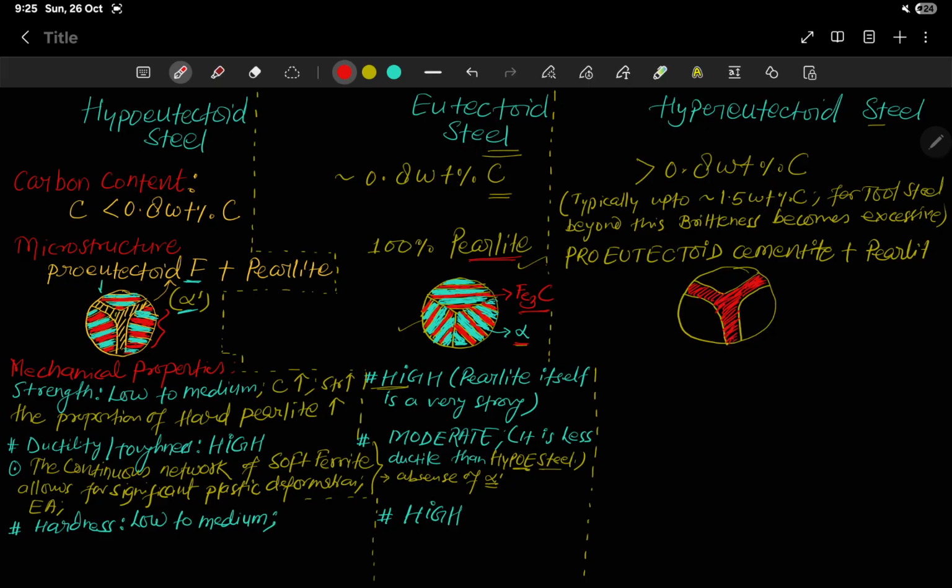This is one phase. Now let's draw another phase. We will get alternate layers of ferrite and cementite, and that is called perlite.